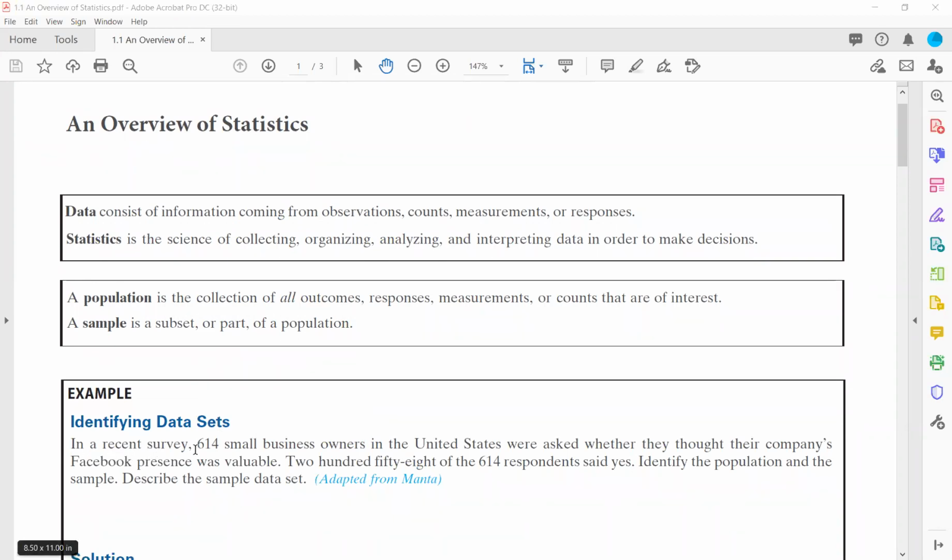In a recent survey, 614 small business owners in the United States were asked whether they thought their company's Facebook presence was valuable or not. 258 of 614 respondents said yes. In your view, what is the population and what is the sample?